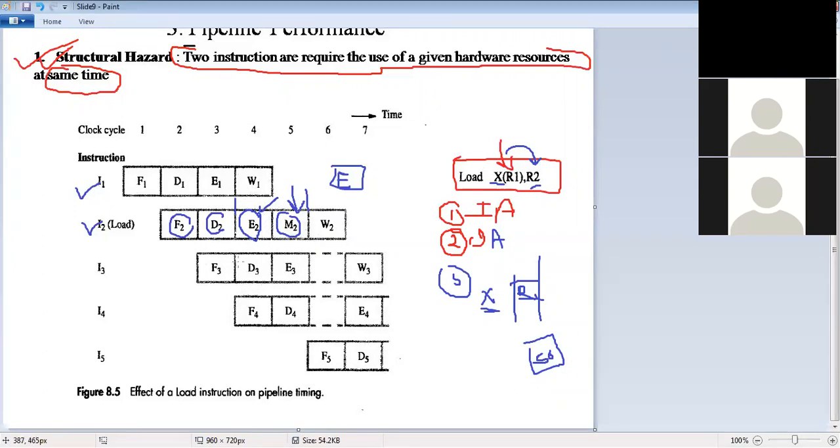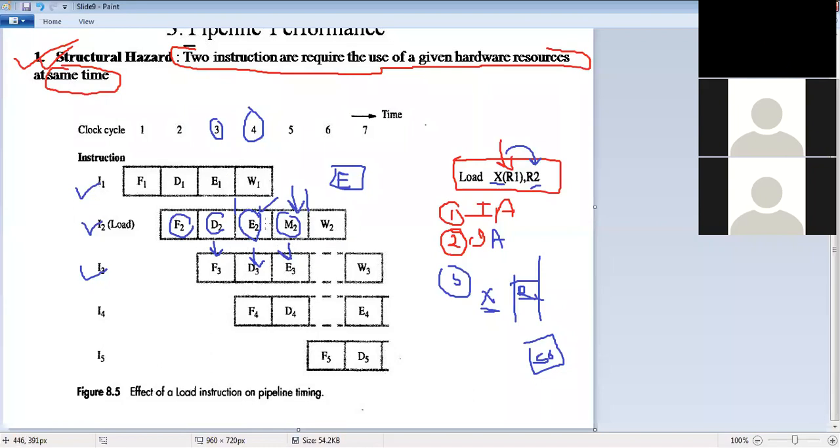And now come back to the instruction I3. Here F3 means instruction 3 is fetched in clock cycle 3. Then it is decoded in clock cycle 4, and then it is executed also, but it may not write. Why may it not write?